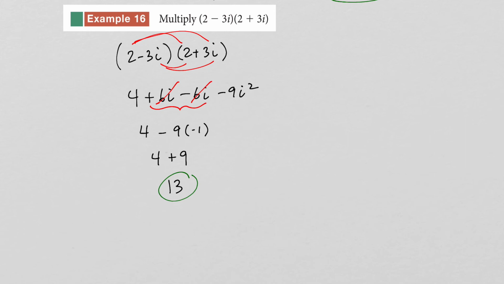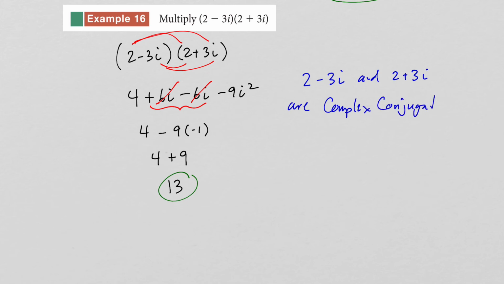The reason it's special is because 2 minus 3i and 2 plus 3i are what we call complex conjugates. Now, complex conjugates have the same real part. So you'll notice the real part of each of these numbers is positive 2, but they have opposite imaginary parts.